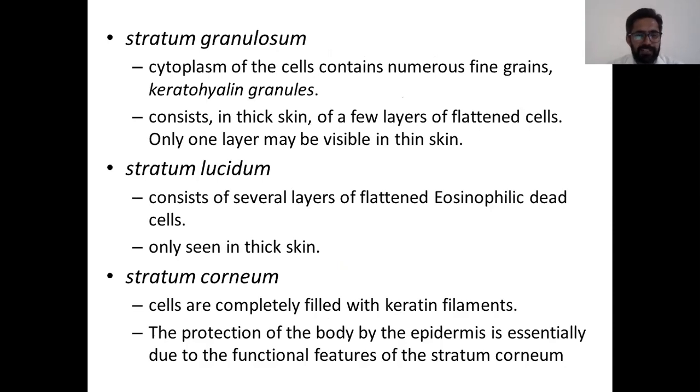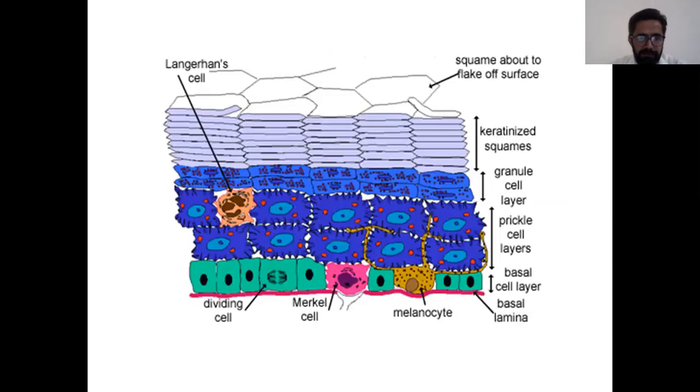I'm just going to discuss their detail on this diagram, which is a schematic diagram representing the epidermal layer of skin. We have discussed in the previous semester that every epithelium in the body is lying on a non-cellular layer, which is the basement membrane, here indicated by a dark pinkish line, the basal lamina.